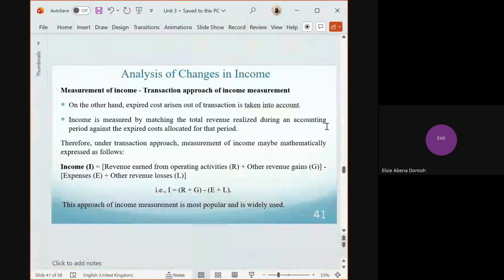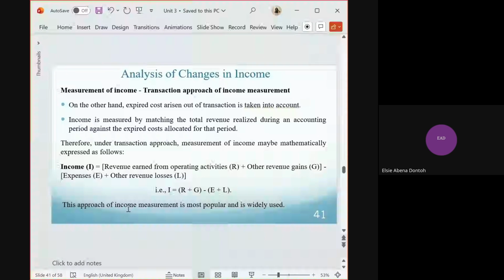So the mathematical computation for income under the traditional approach is revenue earned from operating activities plus other revenue gains minus expenses plus other revenue losses. So your total revenue minus your expenses.